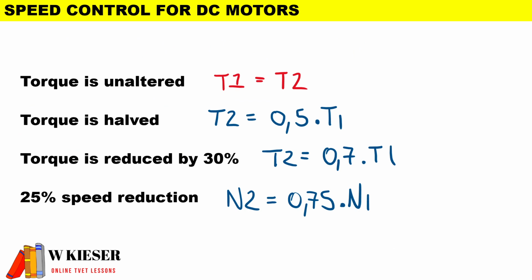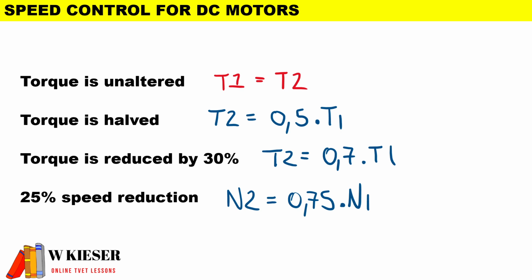Now, for illustration purposes, when we have torque, you'll see in each question they give us different information. So just to give you some background before we start our first example, if the torque is unaltered, torque 1 is equal to torque 2. If the torque is halved, it means that T2 is going to be equal to 0.5 times T1. If the torque is reduced by 30%, it means 100% minus 30% gives you 70%.